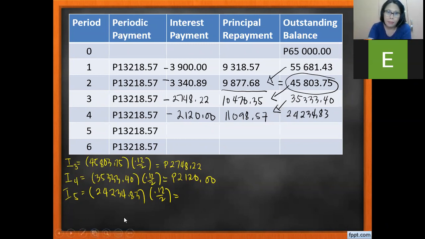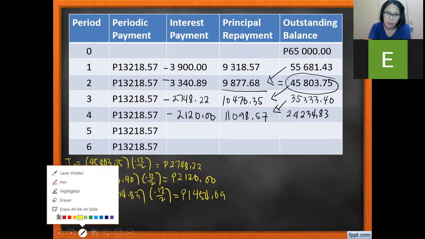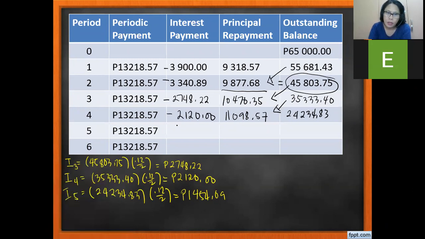So you have 1454.09. And that's the interest payment on the fifth period. So this is 1454.09. Subtract this from the periodic payment, so you'll get the principal repayment on the fifth period.